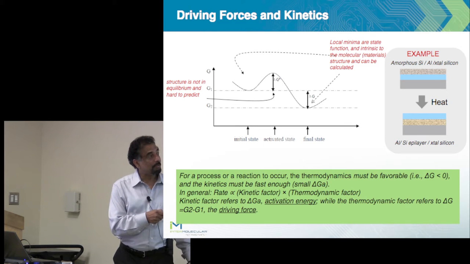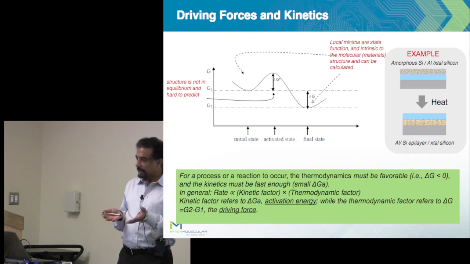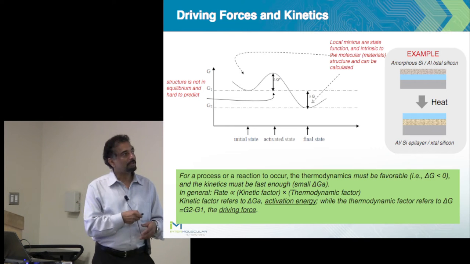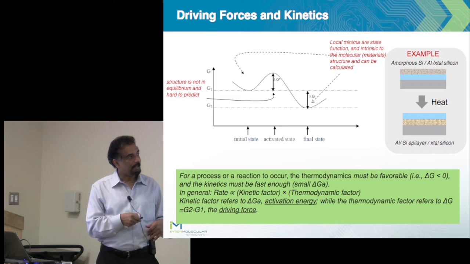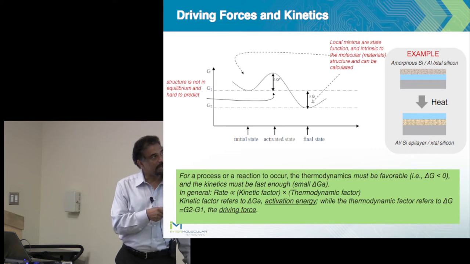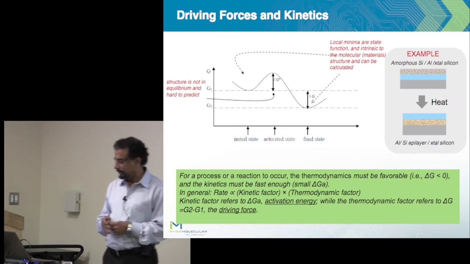If you were to deposit amorphous silicon on silicon and raise it to a high enough temperature, eventually it will crystallize. What the aluminum does is that at even lower temperatures, it breaks it up. Once it breaks it up, it's given a pathway, and then it forms. So you've created a transformation. The kinetics is now decided by the aluminum, and it's the diffusion of the silicon and aluminum that decides.